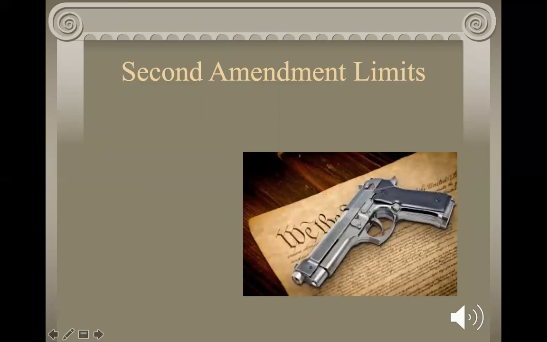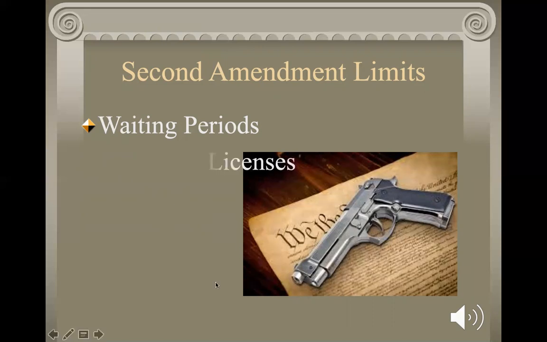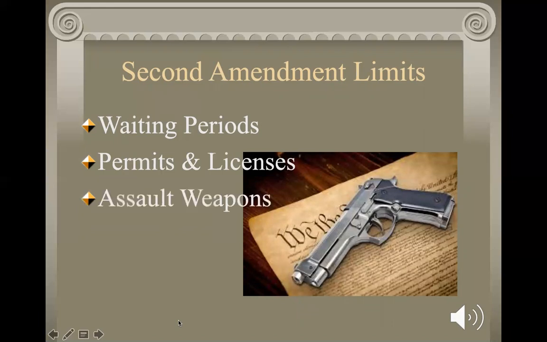If we look at the Second Amendment, it too does have limits. Of course, the Second Amendment is the right to bear arms. And this is a pretty controversial amendment in our country, just in terms of what the interpretation of the amendment should be. Some limits that are placed on the Second Amendment are waiting periods in order to purchase firearms, permits that you have to carry, or licenses you must hold. There was a ban on assault weapons from 1993 to 2004.